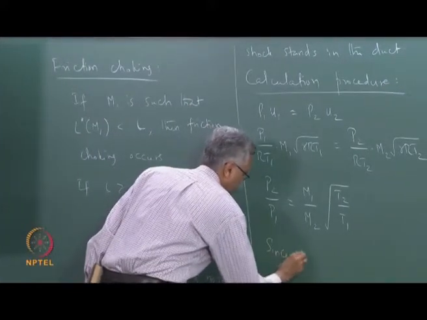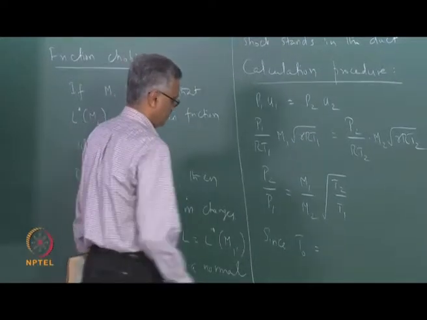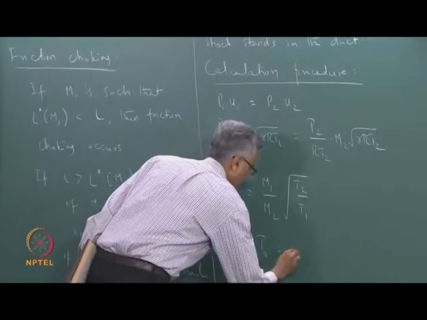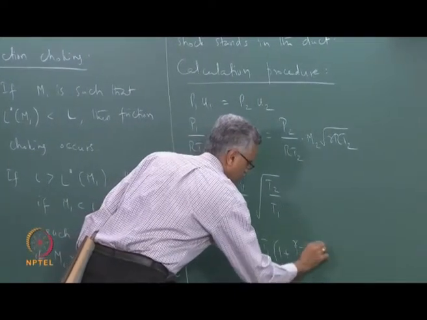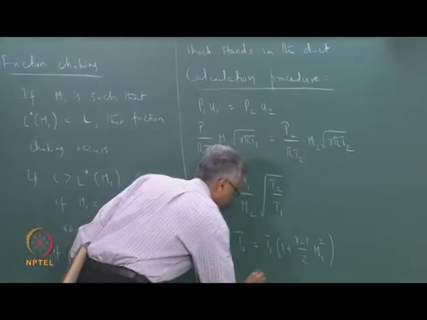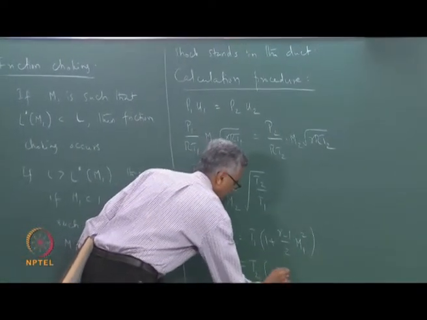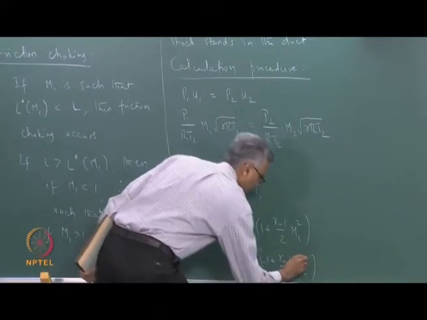So, we can write this as, since T naught is equal to T1 times 1 plus gamma minus 1 over 2 times M1 square, and this is also equal to T2 times 1 plus gamma minus 1 over 2 times M2 square.